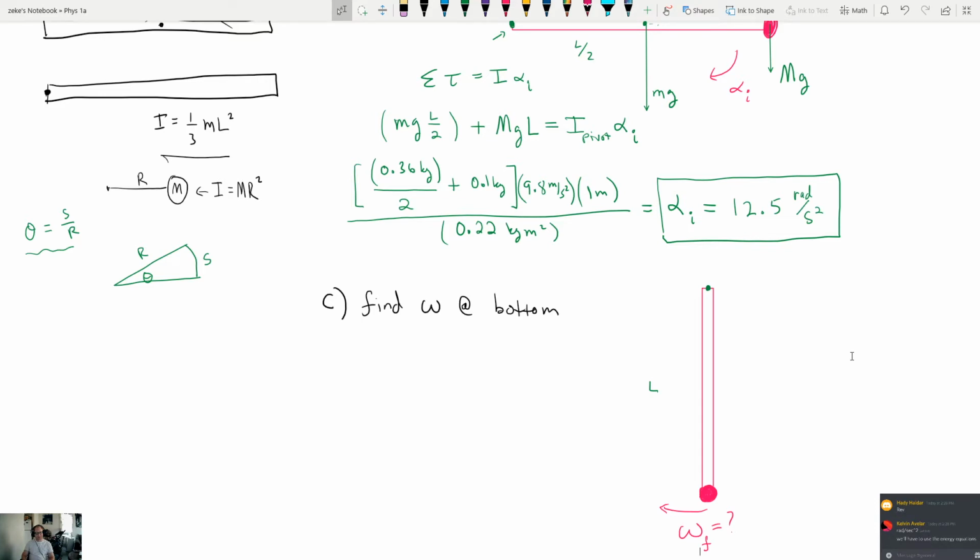We can use energy. Why do we have to use energy, by the way? Why do you say we have to use energy, as opposed to doing what? Why can't we use something else?